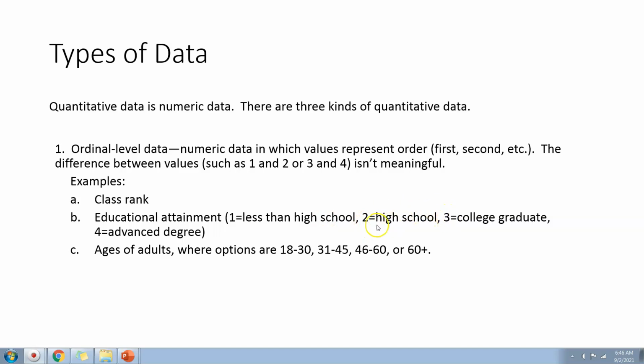Same thing here, high school to college. It's not like there's a difference of 2 years between 1 and 2, and also a difference of 2 years between 2 and 3. So educational attainment is only measured, according to the way this is defined, as a first, second, third, fourth. Okay, and ages of adults are the same when they're categorized this way.